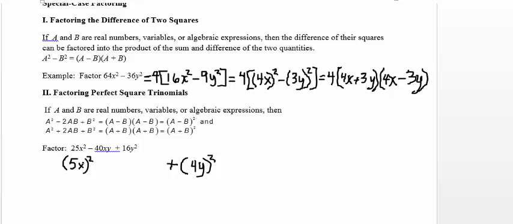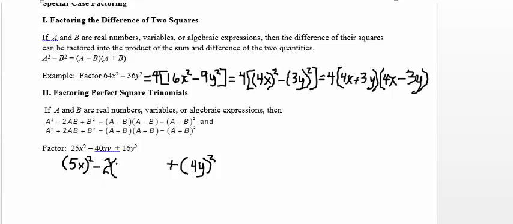So if the first term is a perfect square, and the third term is the addition of a perfect square, then the middle term should be either a positive or a negative 2ab. Notice in this case a is 5x, b is 4y, and this will be negative because there's a subtraction of the middle term.